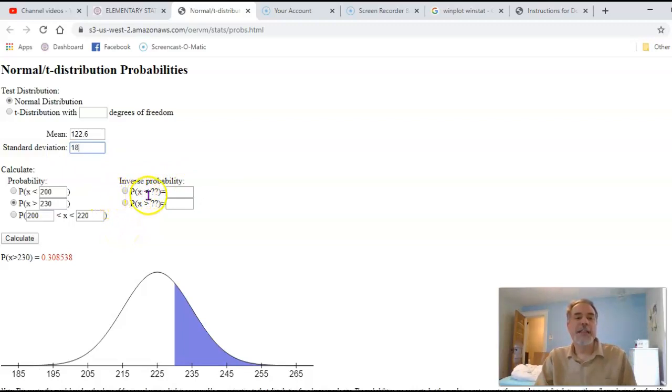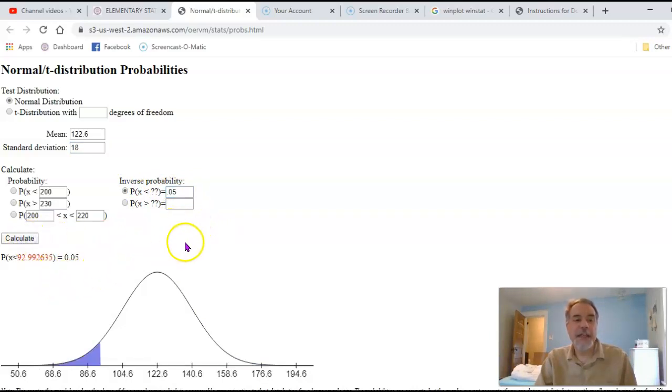So we want the one where x is less than some number, because we want the bottom 5%. So I'm going to select that and put in 0.05. Then hit calculate, and it gives us the answer right here in red. The probability that x is less than 92.99 is 0.05. So it's 92.99 that is the cutoff point for that bottom 5%.